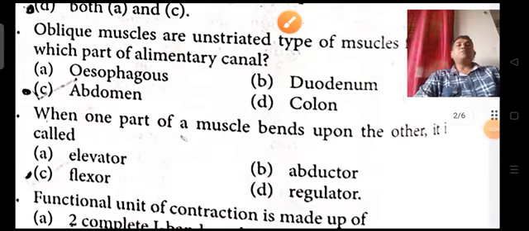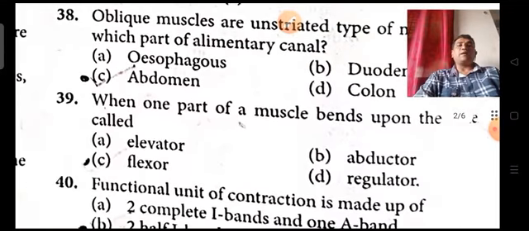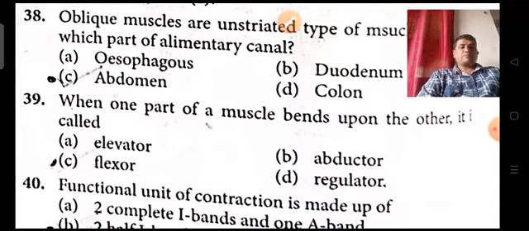Next, the muscle which bends one part over the other is called: elevator muscle, abductor muscle, flexor muscle, or regulator muscle. The flexor muscle generally bends one part of the limb on another at the joint.